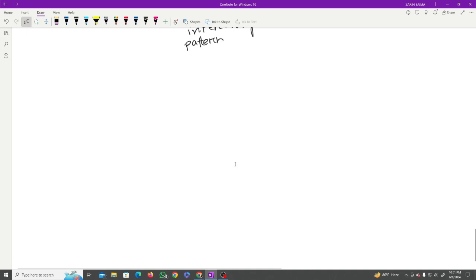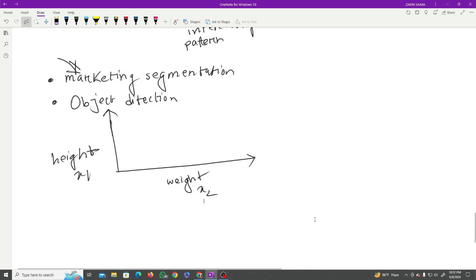These are your features, and you want to see what your model will give you. You want to see whether a model gives you some interesting pattern or not. Suppose for this you get some pattern like this, right?